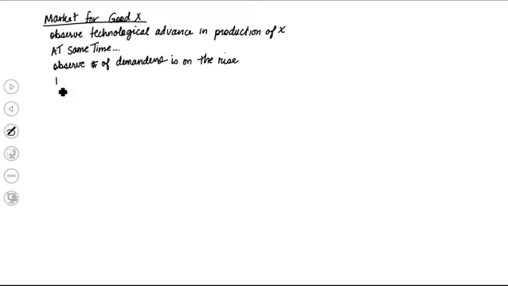And we want to know how these occurrences affect the market for good X.